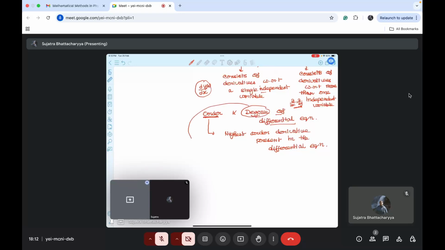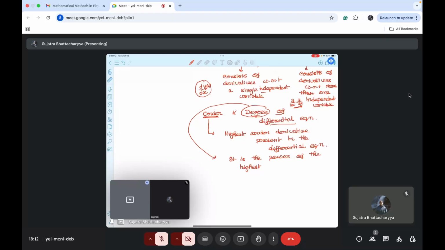So the definition of a degree is it is the power of the highest order derivative. See, just now we have discussed the order of a differential equation. Just look at it. The degree is also dependent on the definition of the order.